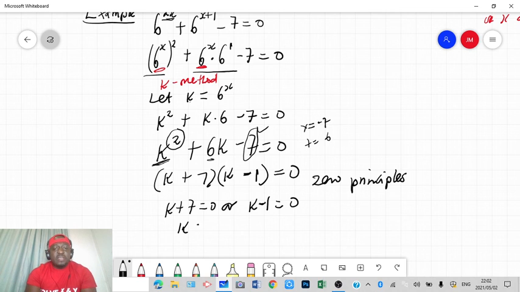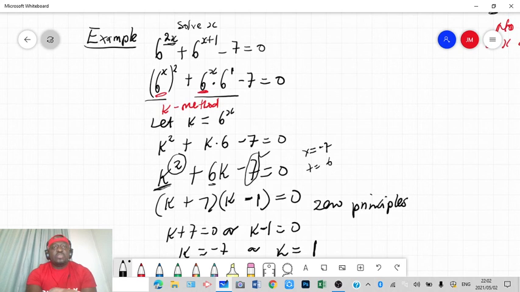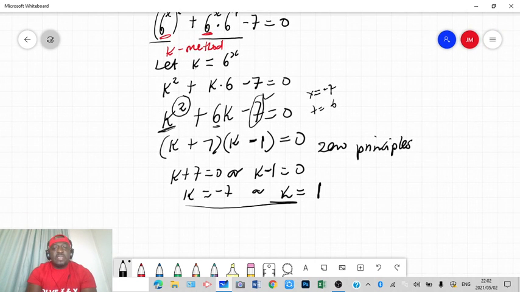Therefore, k will be equal to negative 7, or k equals positive 1. But remember, the question asks us to solve for x, not for k. So how then do you get your x?